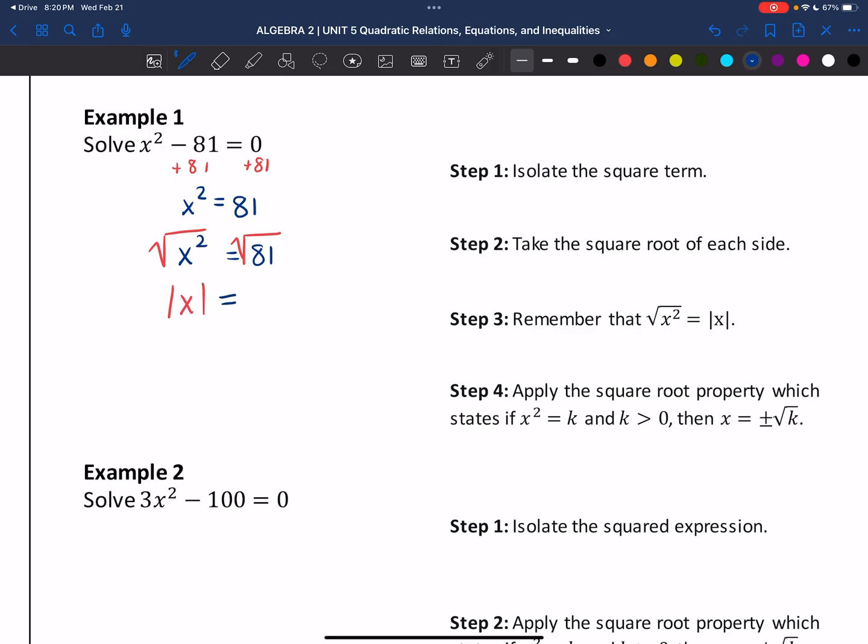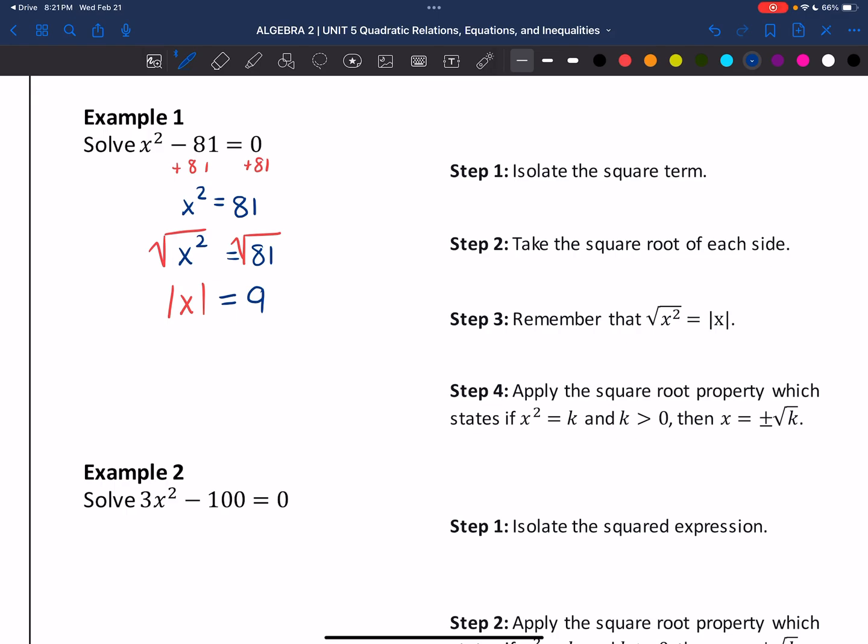And remember that the square root of 81 is a perfect square. It is 9. Then we apply our square root property, which says that if x squared equals k, then k is going to have two possible answers, both the positive and the negative.